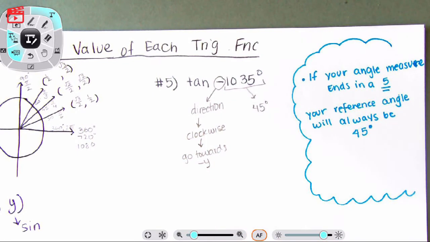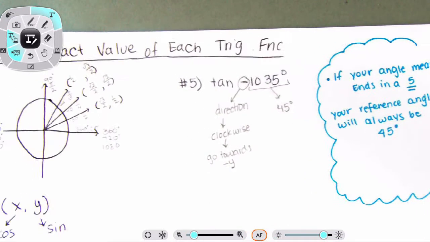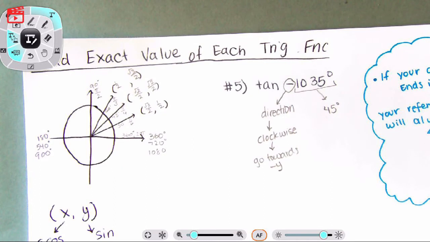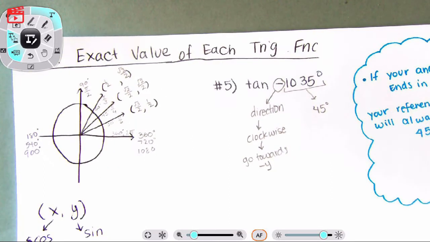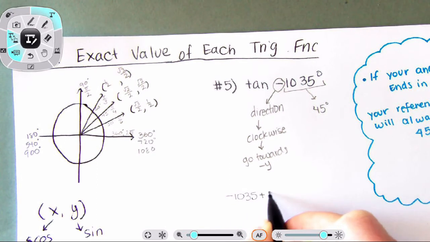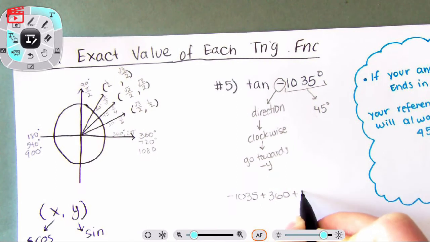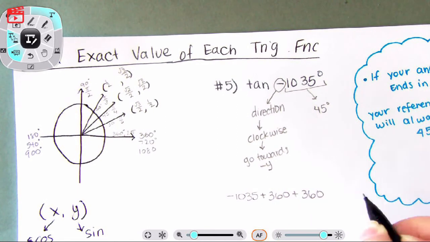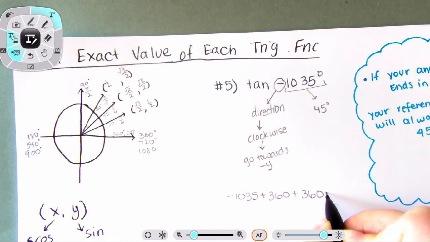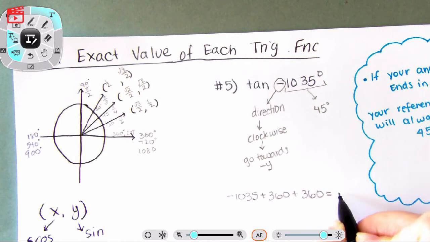Now remember how I said this negative is direction? So you still need to know how many rotations, periods, how many times around you went. So I'm going to take my negative 1035 and I added 360 to it twice and then thrice, and let's say I got negative 315.